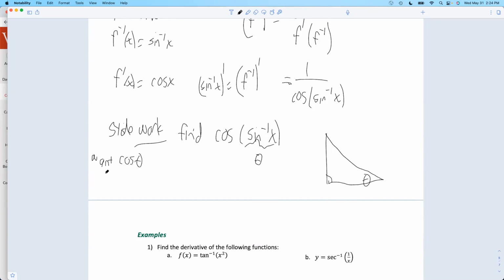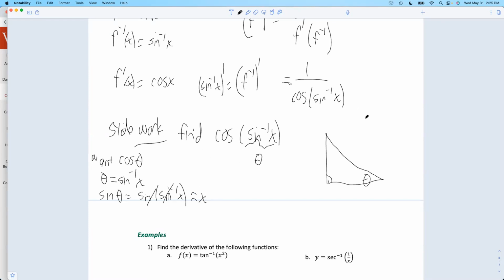That's theta. Theta is the inverse sine of x. So if I take the sine of both sides, sine of theta will be sine of the inverse sine of x. And as long as we are in the correct domain, these two functions will cancel each other out, leaving just x.